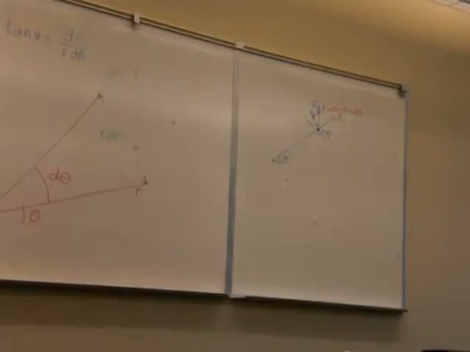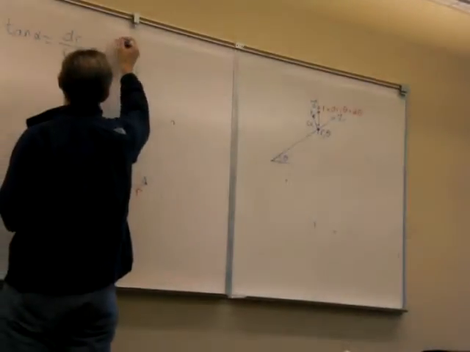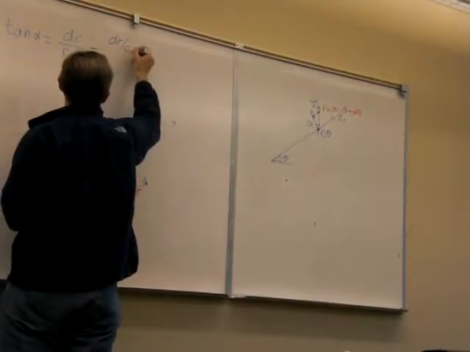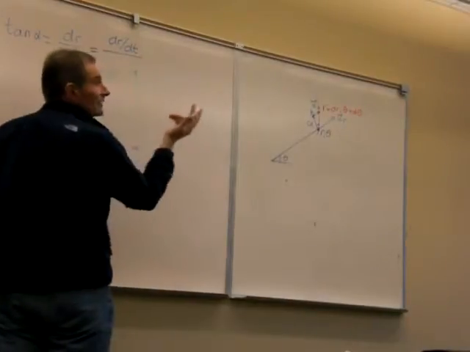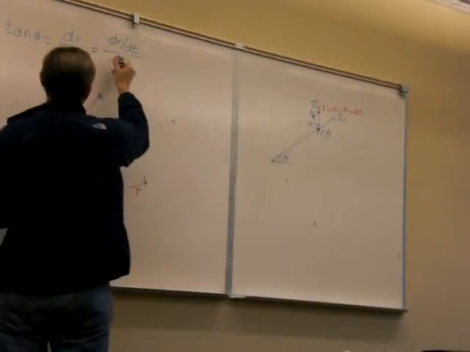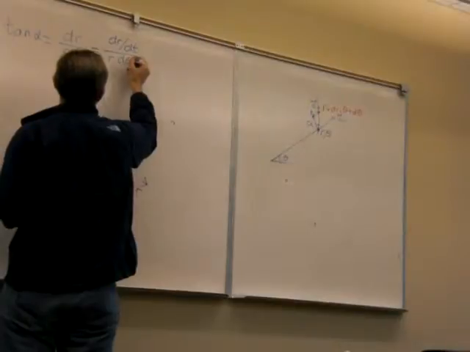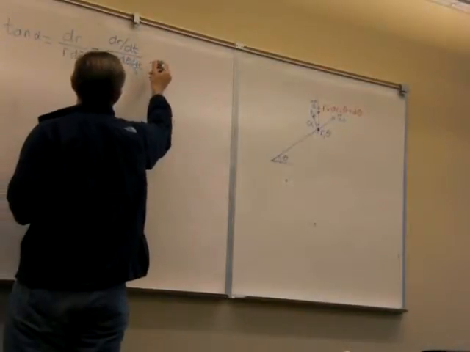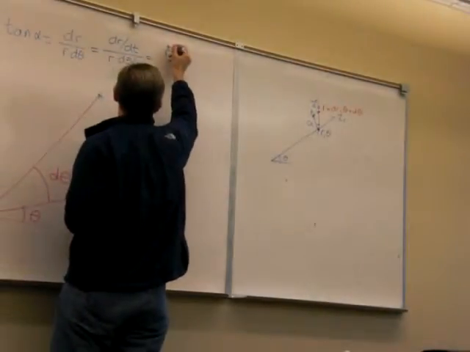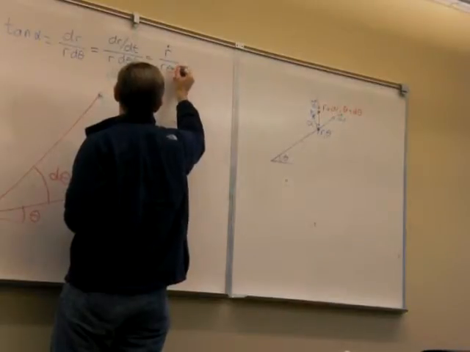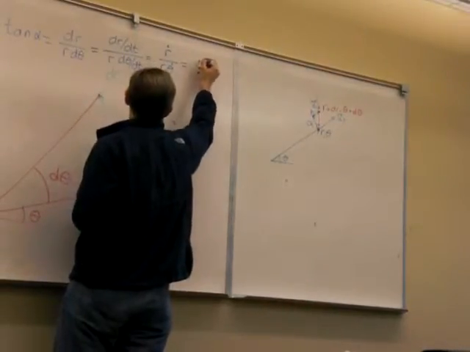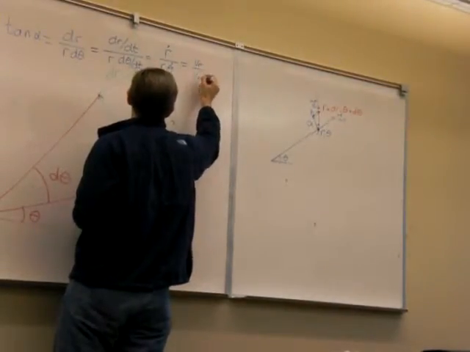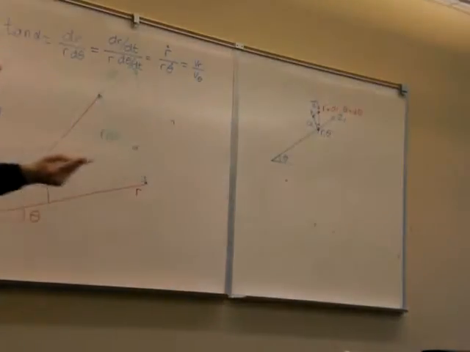Well, you can write this in the form of dr dt. If I divide by dt upstairs and downstairs, on r d theta dt, which is r dot over r theta dot, which is vr over v theta. So then, obviously, the velocity is tangent to the curve.